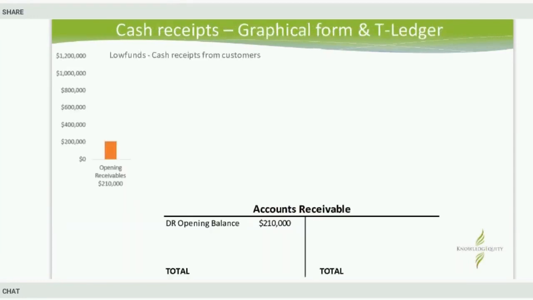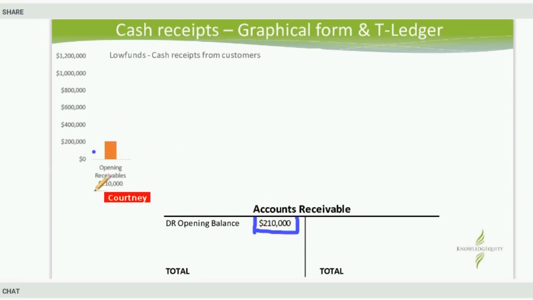So, why does this work? Sometimes people go, oh, you've got this magical template, but why? Here's the logic. When you make sales, you have a credit to revenue and you have a debit to accounts receivable. So this is how much of that accounts receivable is still sitting there at the start of the period. 210,000 of debtors who haven't paid you yet will pay you soon.